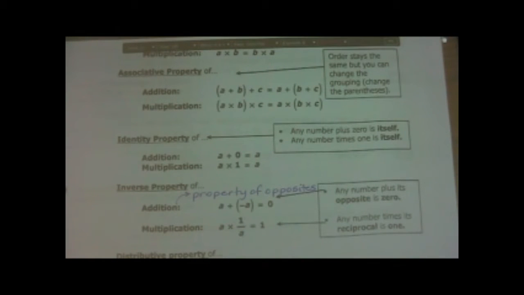So any number times its reciprocal gives you 1. Now, this is easy when you have 5 times 1/5. It looks easy. But it's also true when you have x and 1 over x. That is also 1. There's another name for this as well. This is the property of reciprocals.